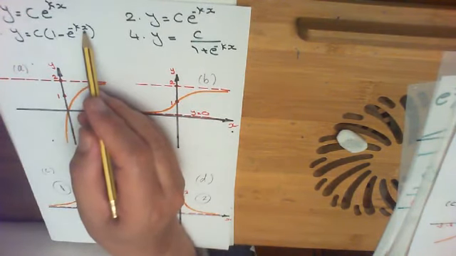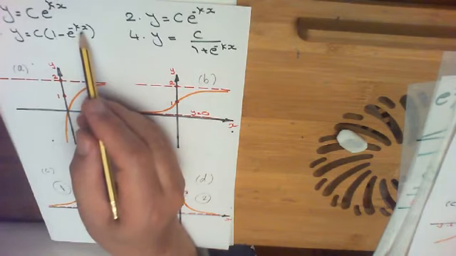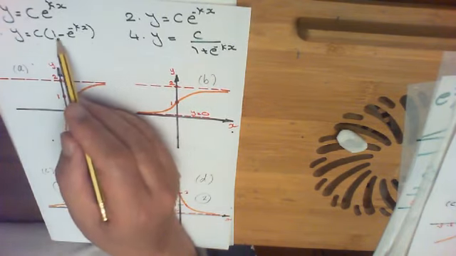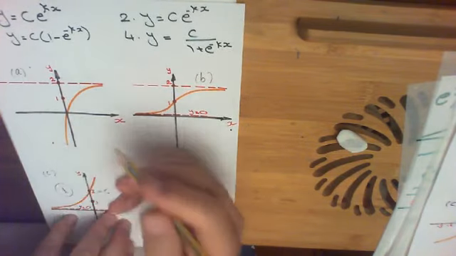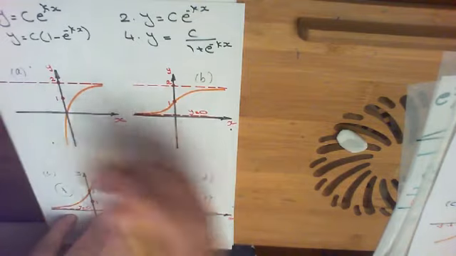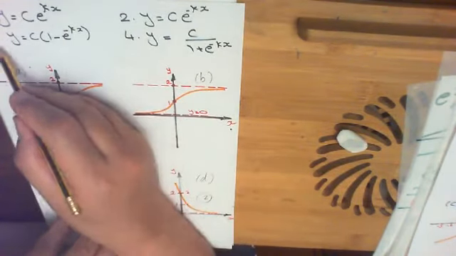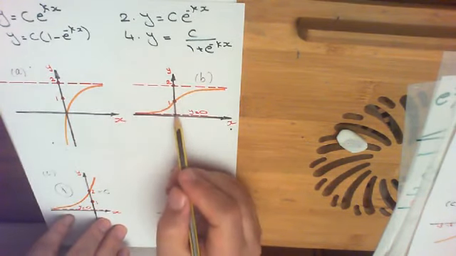Here, as x goes through negative values, e to minus x increases too much, more than 1. 1 minus more than 1 is negative, so it has this shape. So 3 matches with A, and finally 4 will match with B.